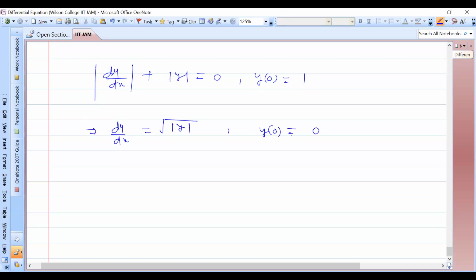Sir, first one is the modulus of f(x2) minus f(x1) is less than or equal to some Lipschitz constant into mod of x2 minus x1. And another one is the derivative of f with respect to y is less than or equal to some k. So what can we say about this?